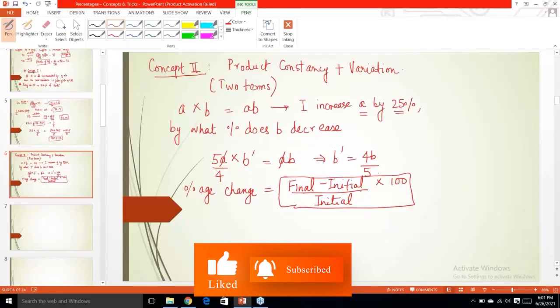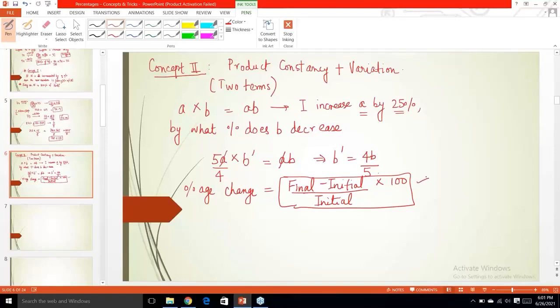But unless otherwise mentioned, this is how you calculate percentage change. So what's the percentage change in this case? Final is 4B by 5. Initial was B, divided by B, which is again initial, multiplied by 100. This is minus 1 by 5 into 100, which is minus 20%. Correct?